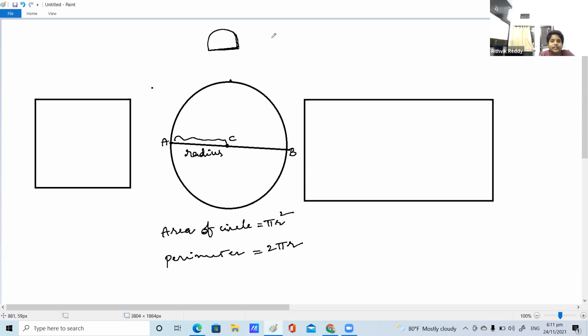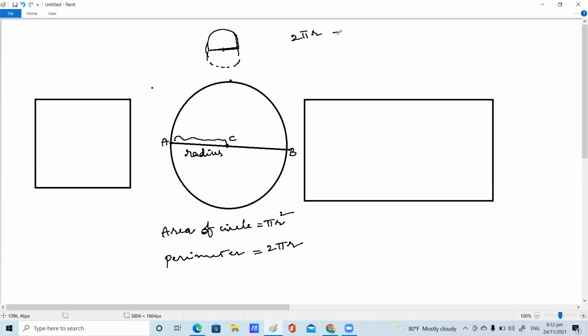When we get the perimeter of the circle as 2 pi r, a semicircle is half of that. Pi r plus pi r is 2 pi r. That means this semicircle's curved part is pi r.